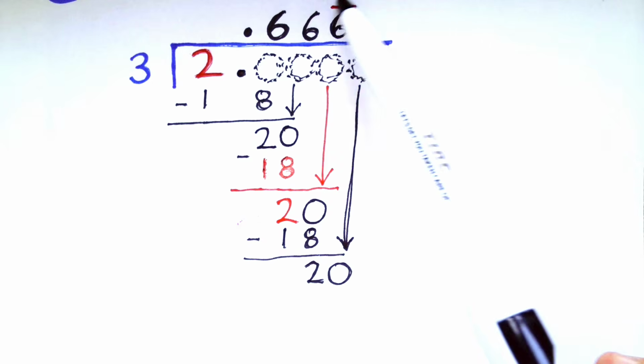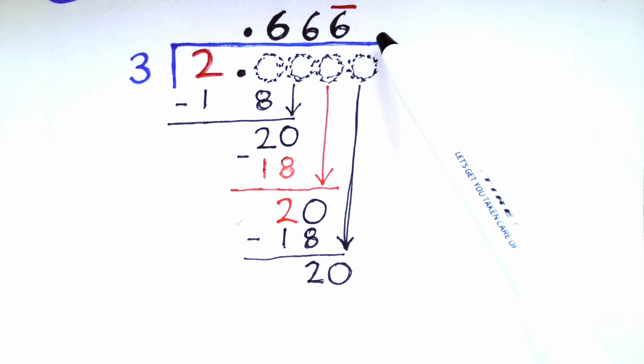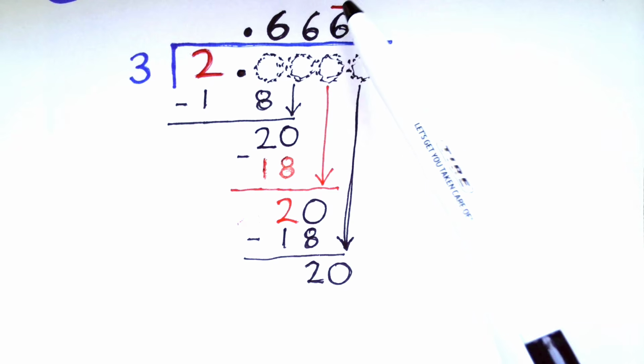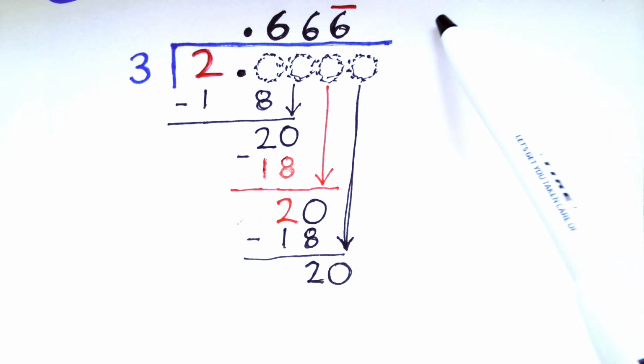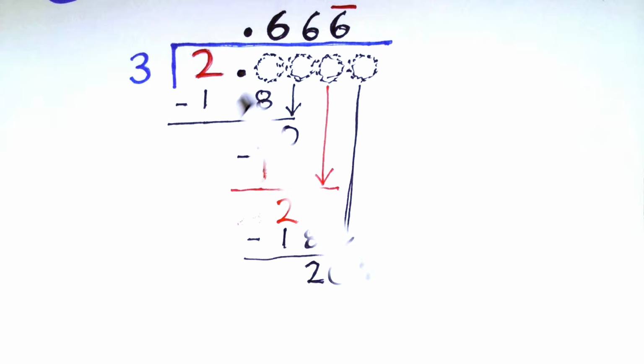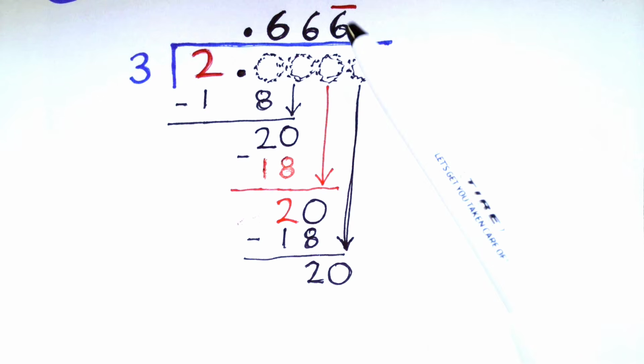So the little mark above the 6 is telling you that this 6 is going to continue to repeat over and over again. So understand that's what that means. So 2/3 is equal to 0.666.